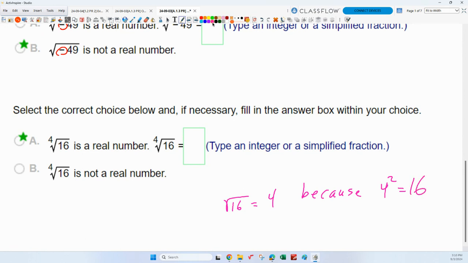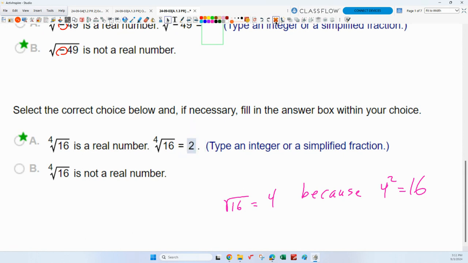Okay. So the 4th root of 16 is going to be some number, because what would I have to do to that number to get 16? I have to take it to what power? The 4th, right? What's the answer? The answer is 2. You're right. The answer is 2. Okay, and again, I just want to know the answer is 2.